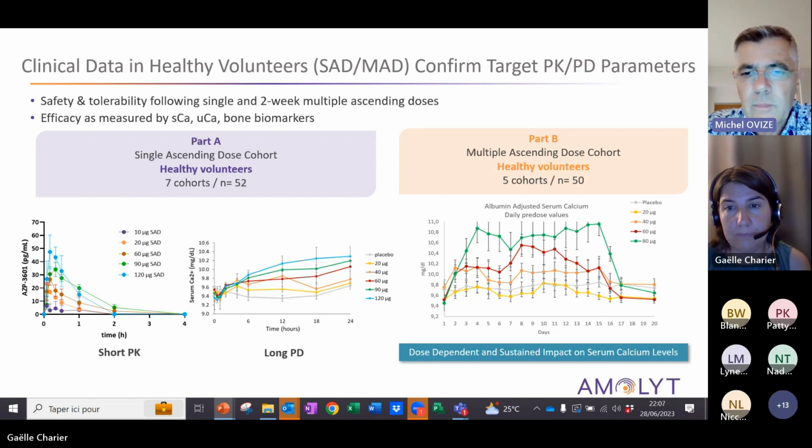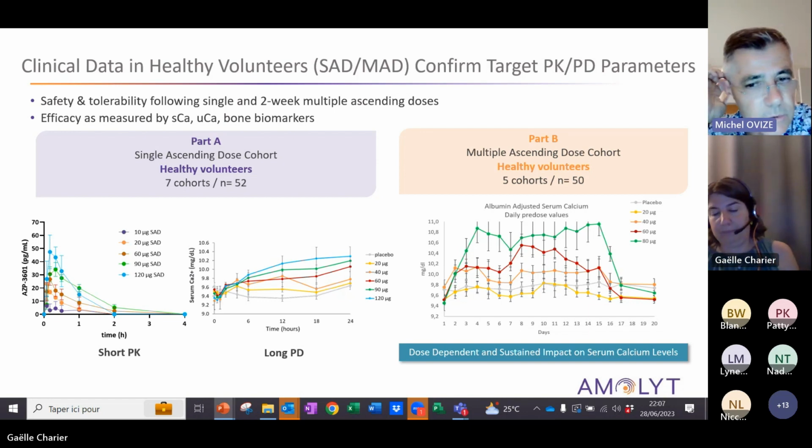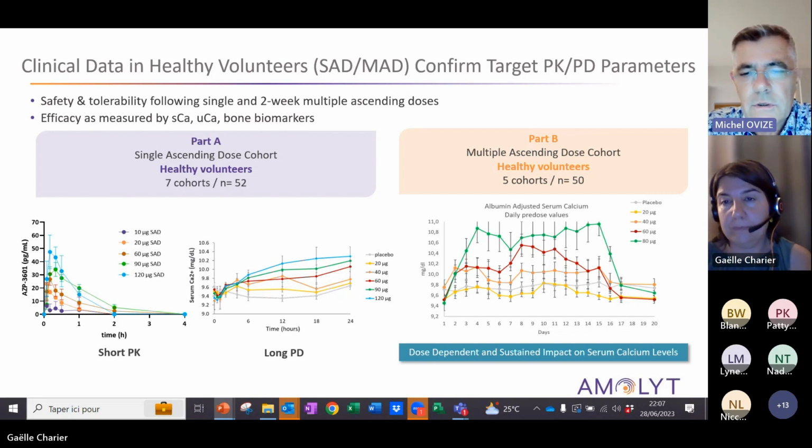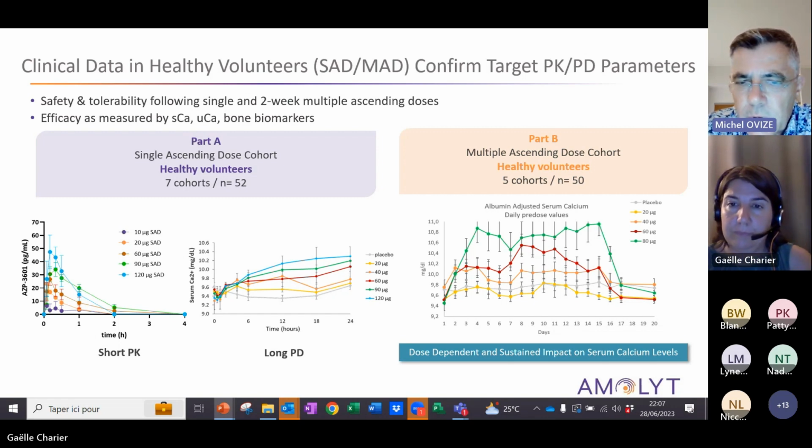And on the right part of the panel, you can see that in a second part of our initial study, we administer the drug for 14 consecutive days at different doses in different cohort of patients. And what is important to see here is that there is what we call a dose response to the administration of eneboparatide. And what you can easily see, even though you are not an expert, is that it takes 2 to 3 days.